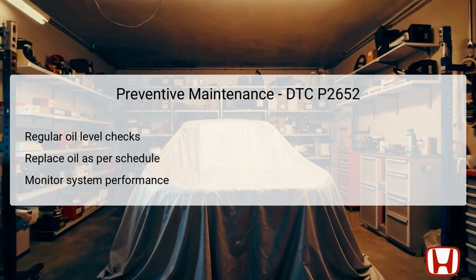Using high-quality oil that meets Honda's specifications can enhance the longevity of engine components. Monitoring the performance of the VTEC system, including periodic inspections of the rocker arm oil sensor and control valve, will further reduce the likelihood of encountering similar issues. Keeping a record of these maintenance activities can also help trace potential patterns related to component failures.